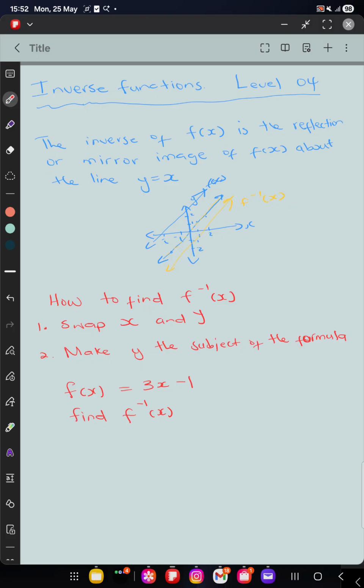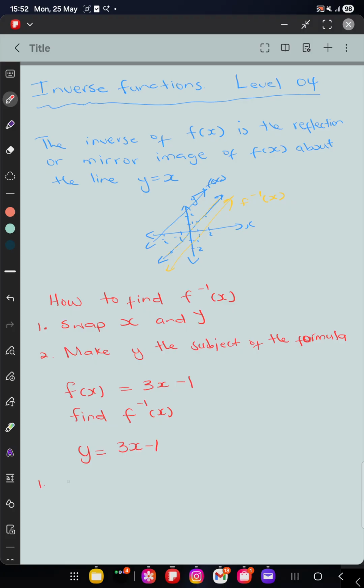How will we do that? Before we do anything, I always like to change f of x into y so I can easily swap the two, swap y and x. I'm going to call this now y equals 3x minus 1. Then I'm starting with my steps.